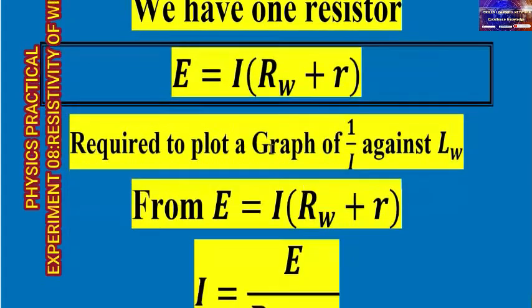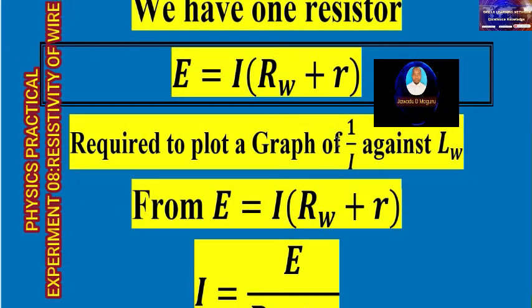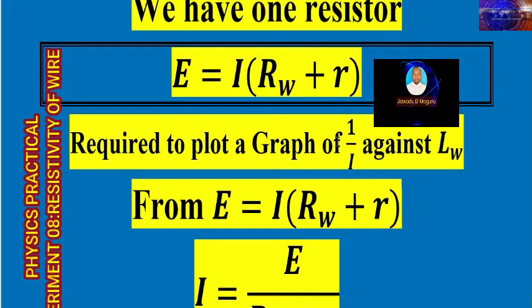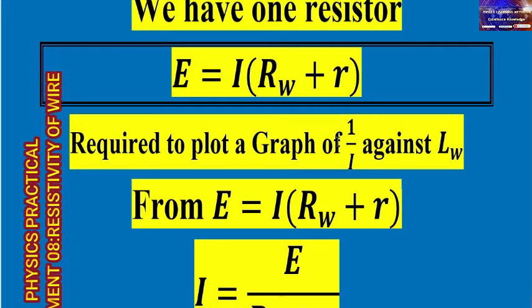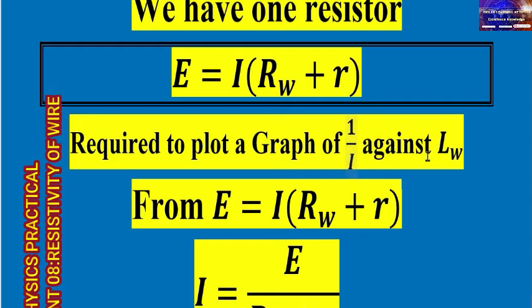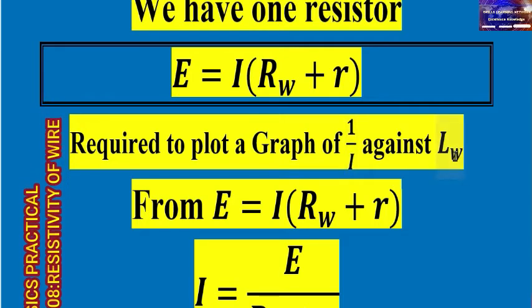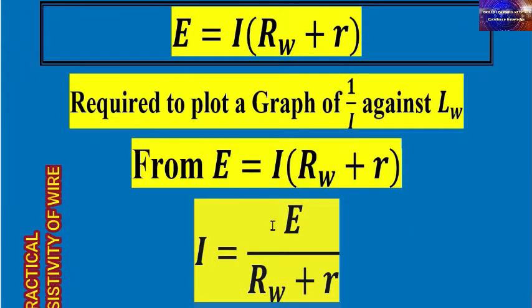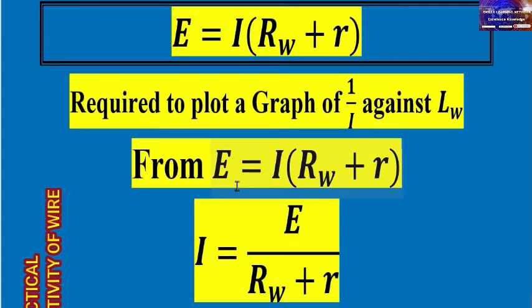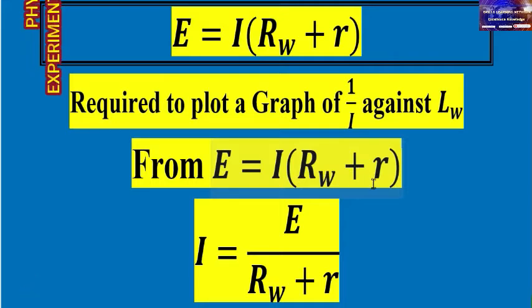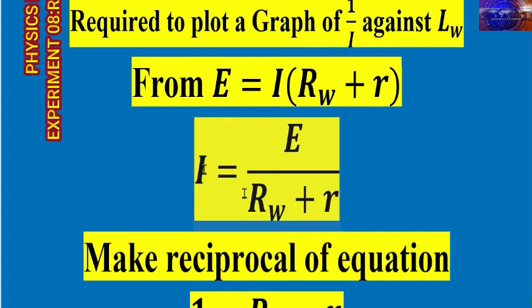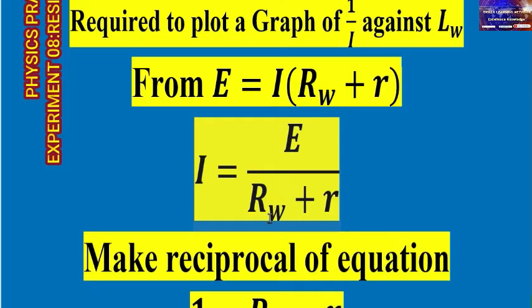You are required to plot a graph of 1 over I against the length of wire, so you have to derive the equation up to reaching 1 over I on the y-axis and L on the x-axis. So we proceed with the derivation. EMF is equal to current times R_W plus r, the internal resistance. So 1 over I, that is current, is equal to EMF over R plus r.